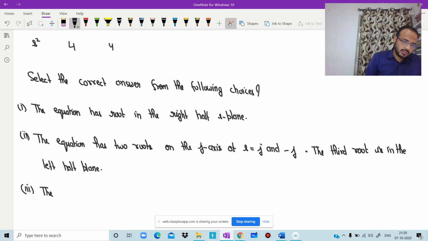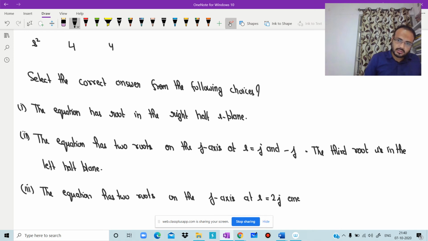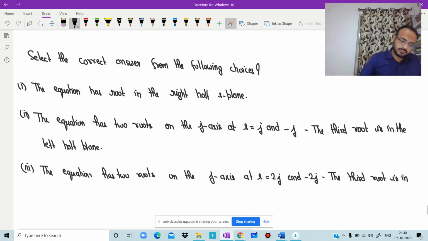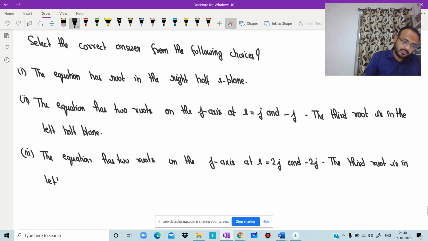Third one: the equation has two roots on the j-axis, this question is of 2 marks, at s is equal to 2j and minus 2j, and the third root is in the left half plane.